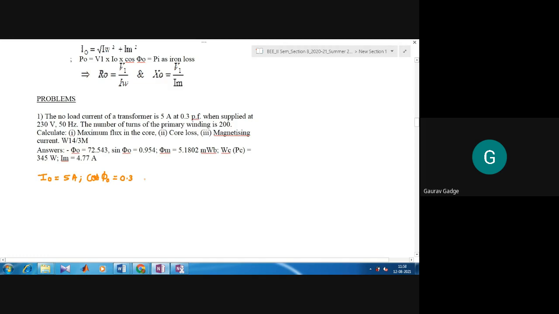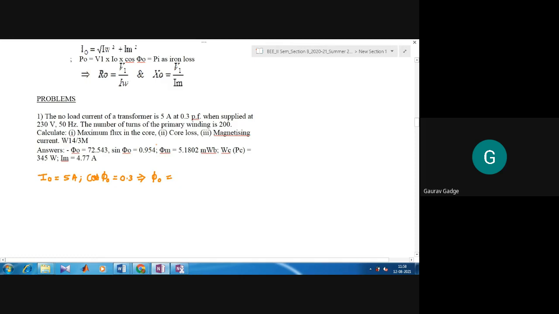Cos of phi naught is equal to 0.3. Okay, can anyone tell me, as I don't have calculator today with me, okay, I just check whether I do have one. Okay, yeah, I do have. So what is the value of phi naught? Can anyone tell me? Cos inverse of 0.3, and you have to tell me in degrees.